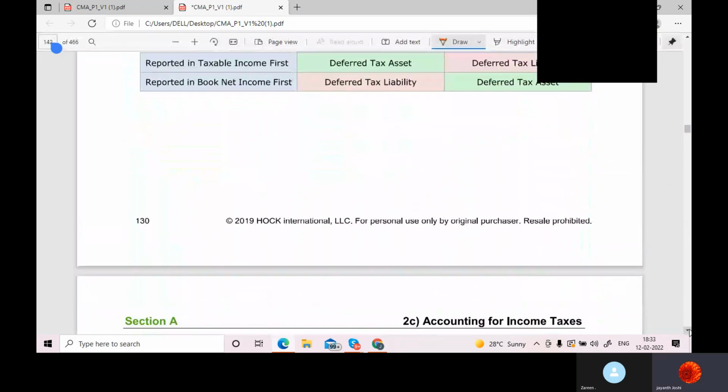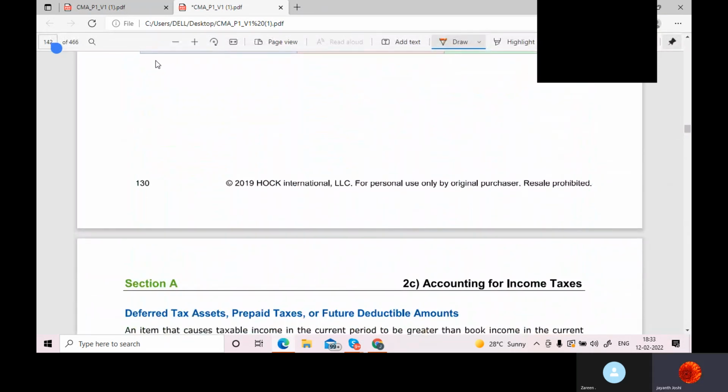Okay, let's do the question here. So the question is an example. Let's say there is a sewing machine, a new sewing machine, and its cost is $20,000.